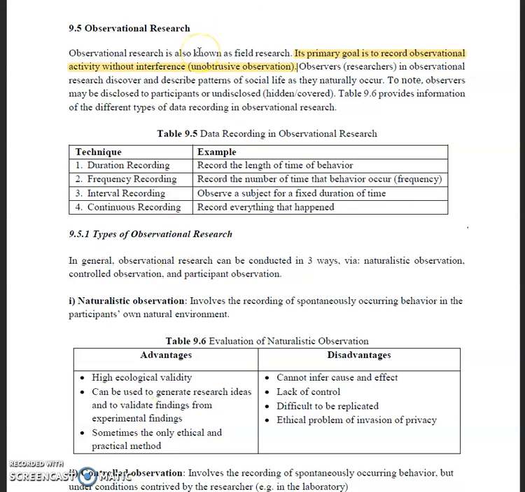Now, this is not a difficult concept to understand, because what it means is just a research that is conducted based on observation. It is also known as field research, where its primary goal is to record observational activity without any interference, through unobtrusive observation.